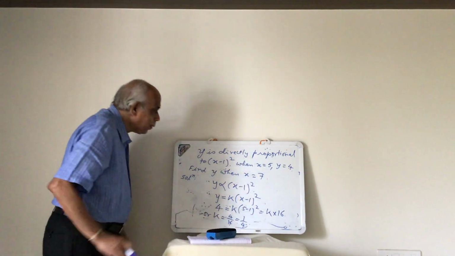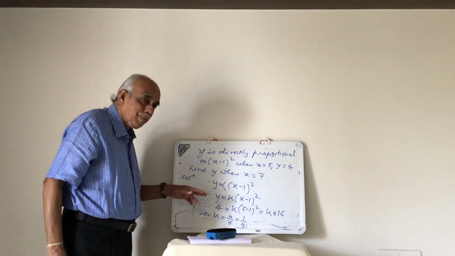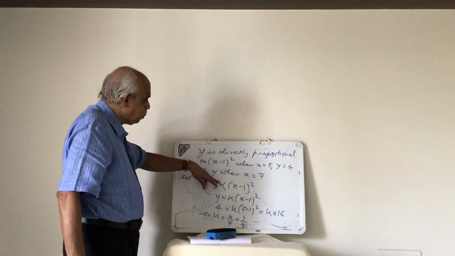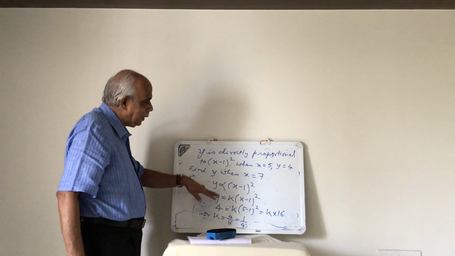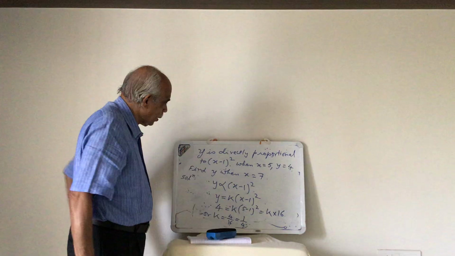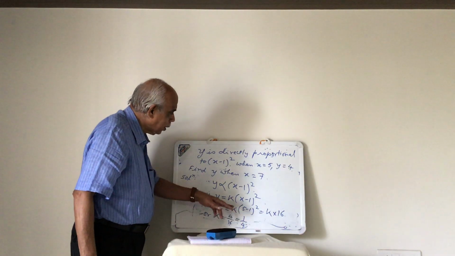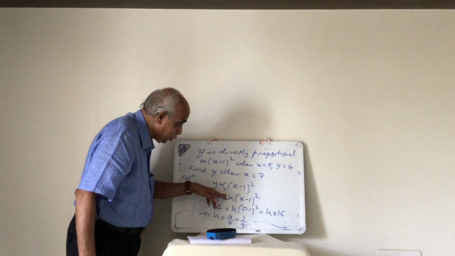So your first job, whenever a proportionality sum is given, is to substitute this proportionality sign by constant and find the value of this constant. We have done that, because they also gave the information when x equal to 5, y equal to 4. Since k is equal to 1 upon 4, your actual equation now you have to substitute here.